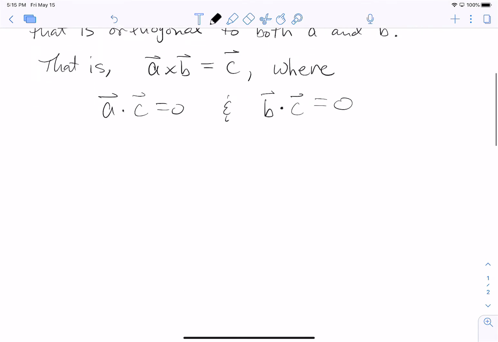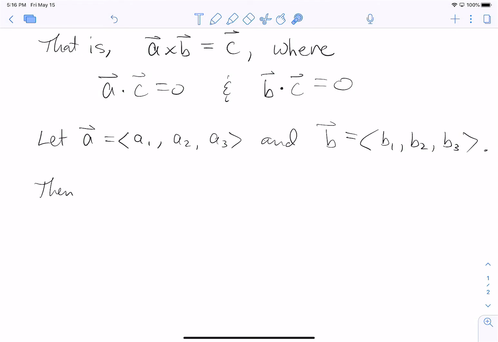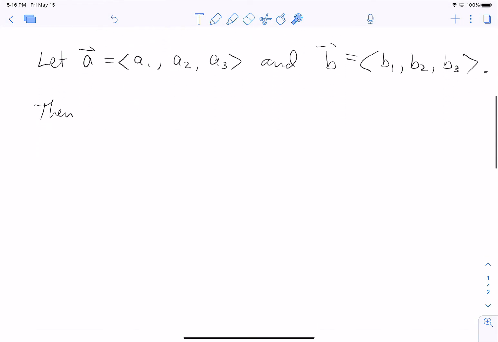Let's see how the cross product is defined. Suppose we have two vectors, a with components a1, a2, a3, and b with components b1, b2, b3. A cross b, which looks like an old school times symbol, and we read that as a cross b, is a determinant. The first row of the determinant are the unit vectors i, j, and k.